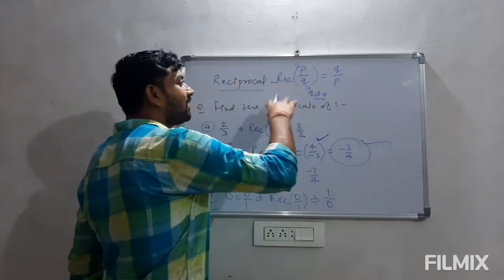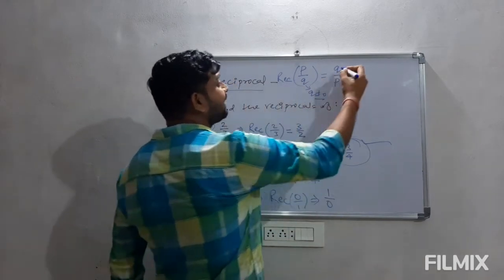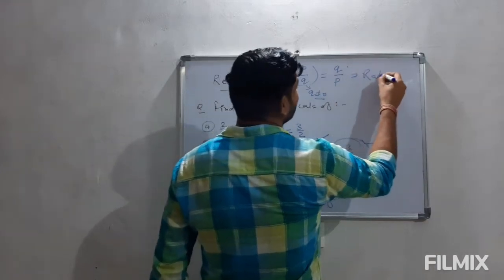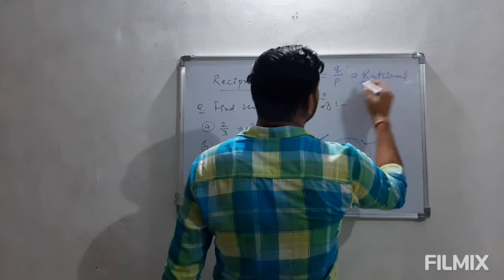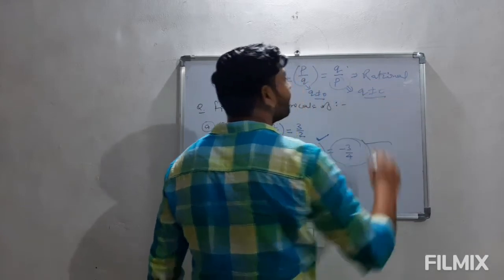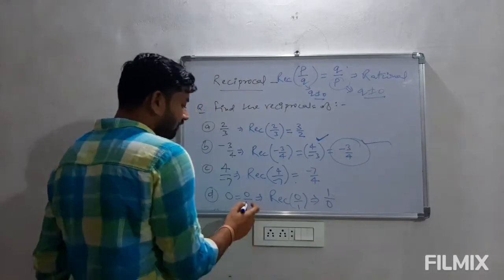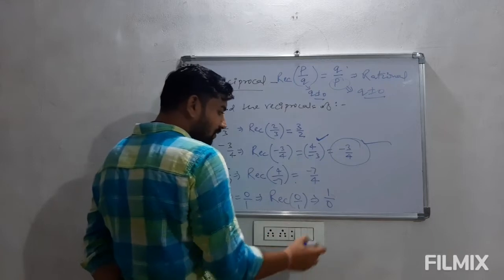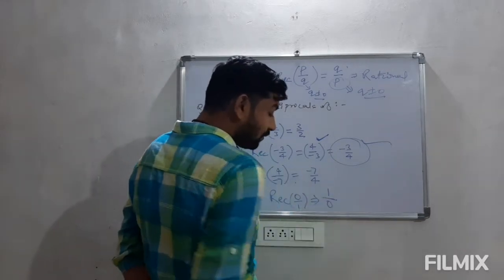Now when we find the reciprocal, the number which comes out should again be a rational number. So now the denominator is P and this should not be equal to 0. In this case the value of P is 0 and Q is 1, but when we write the reciprocal it comes out to be 1 upon 0.